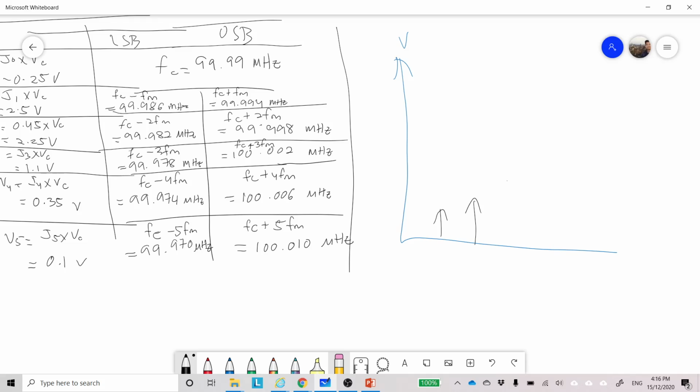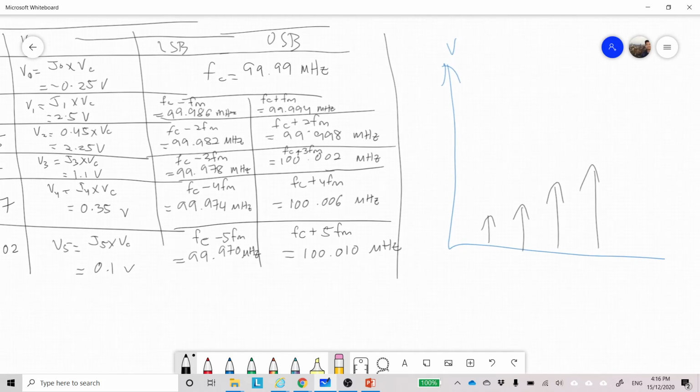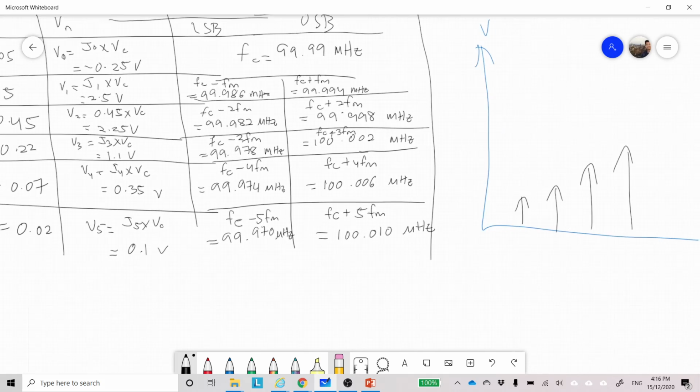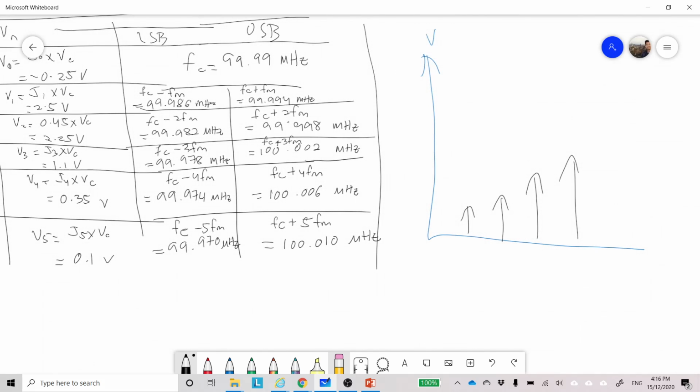1, 2, 3, 4. 2.5. V0 0.25. Okay, ini adalah 0.05. Okay. So kalau you lihat dia punya tinggi, masa you lukis, try to make it accordingly to the amplitude.